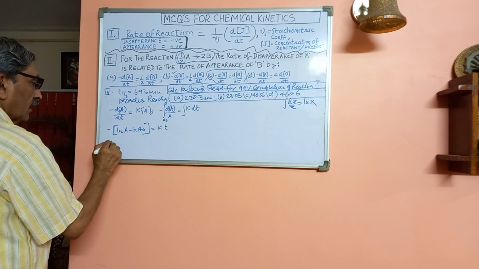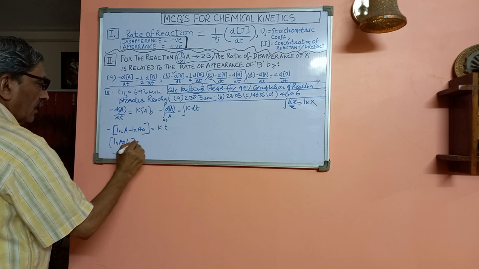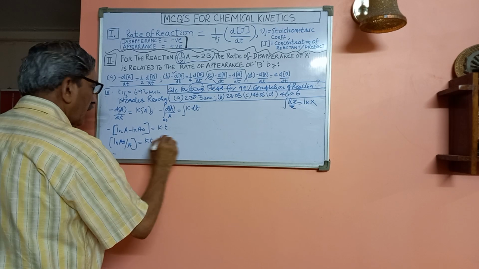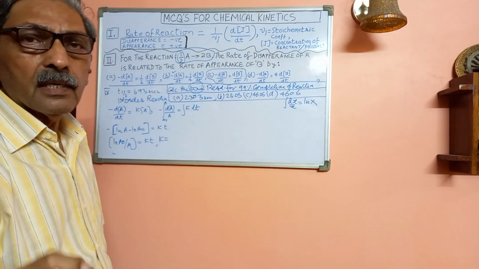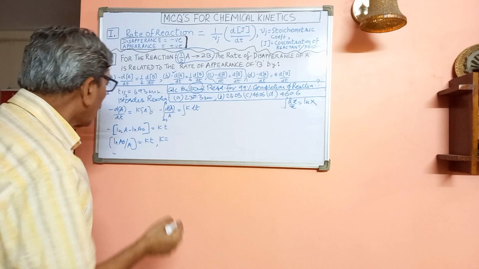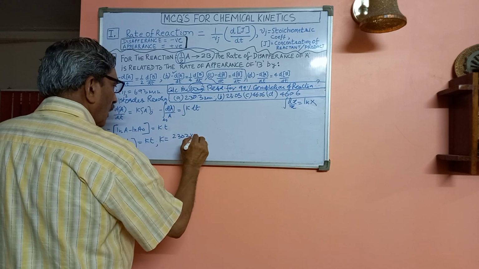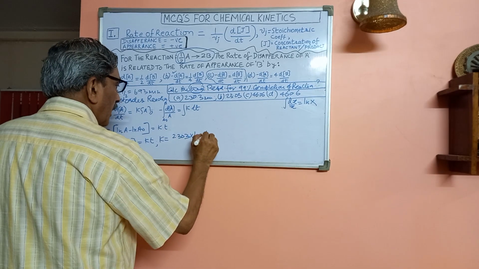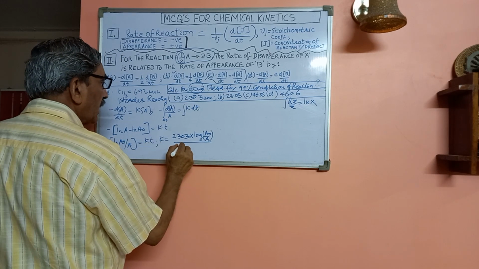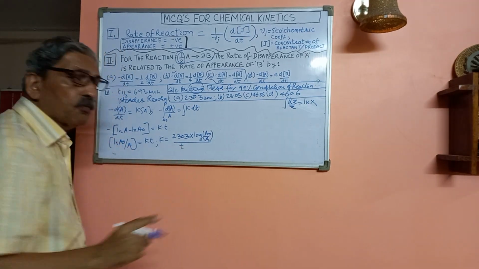From here this is nothing but ln A0 by A is equal to Kt, and K is now ln A0 by A upon t. This natural log can be converted to base 10 by multiplying by 2.303, so K will be 2.303 into log A0 by A upon time t, and in fact we need to find out the time t.